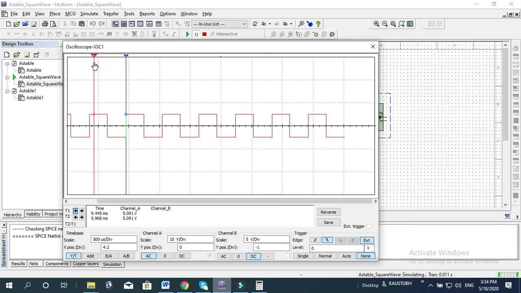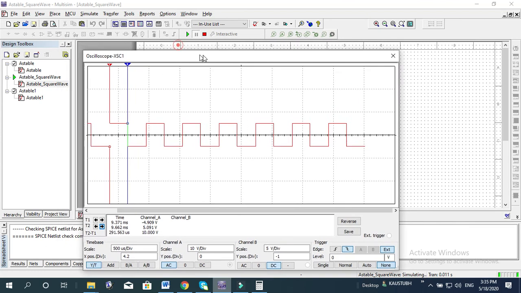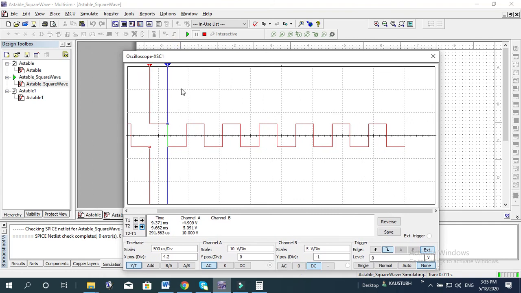So it is not exactly a perfect square wave, but near to the square wave. So I can tune this resistor further below this 300 ohm. It is 291 and this is 303. Okay, so not perfectly, but approximately a square wave.